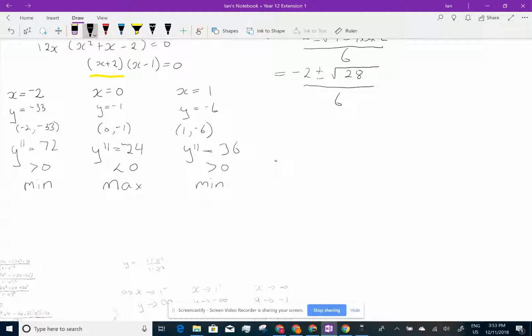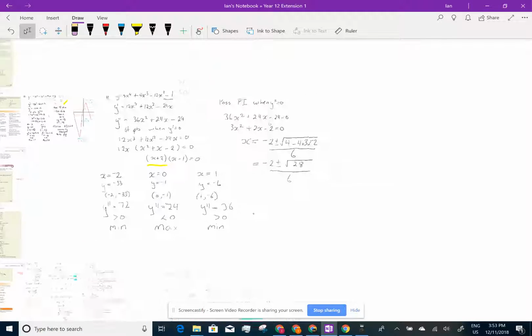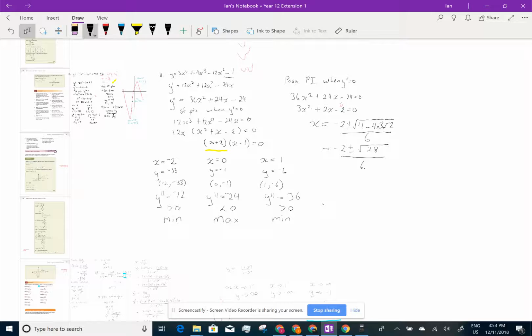This is going to be a very rough sketch. So I know the y-intercept is minus 1, and 0, minus 1 is a very important point. It's a maximum, so I'm going to put that there.